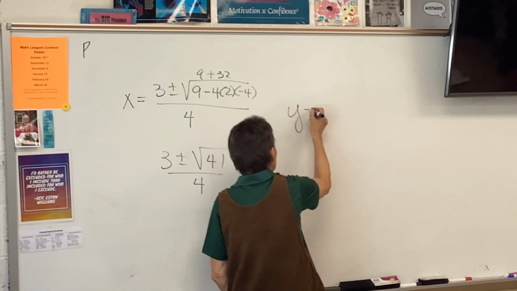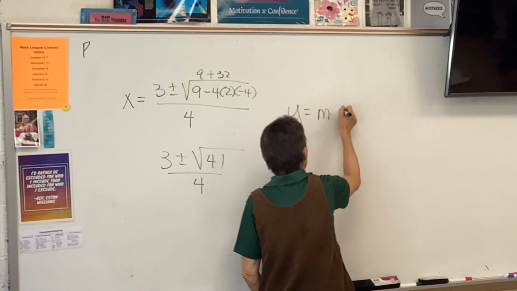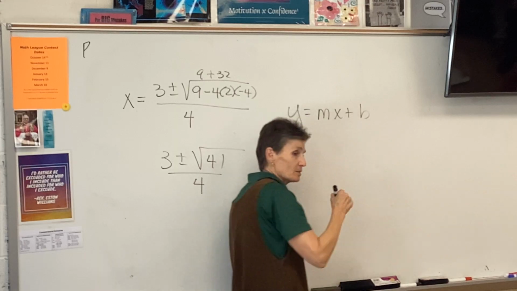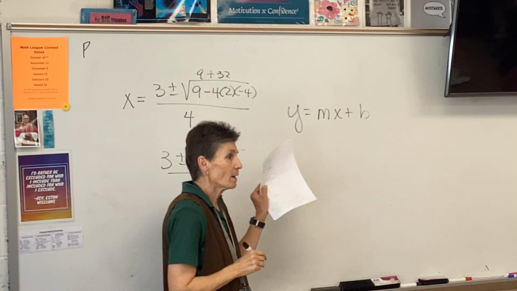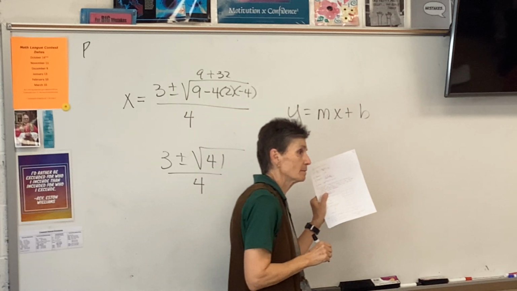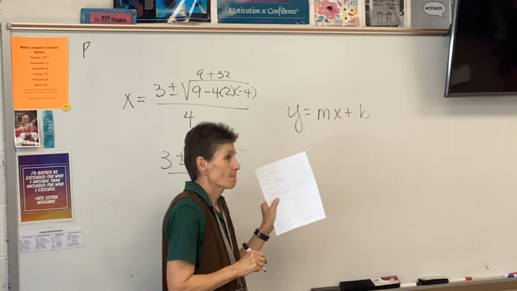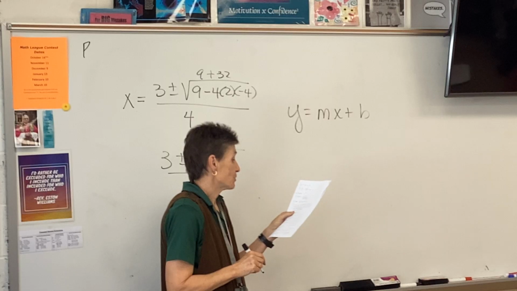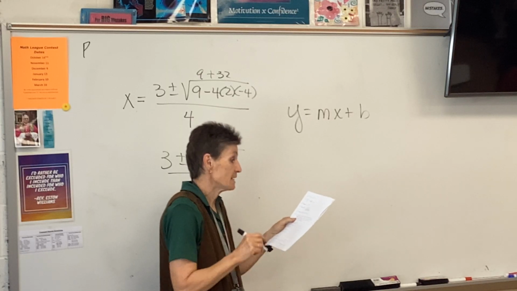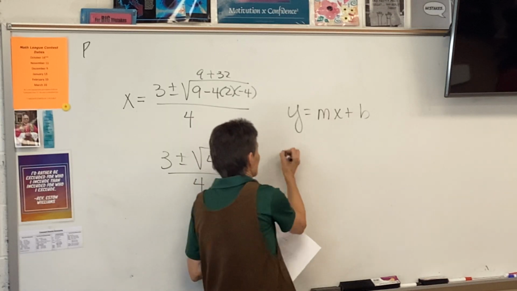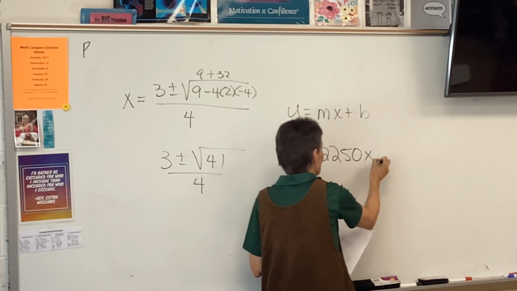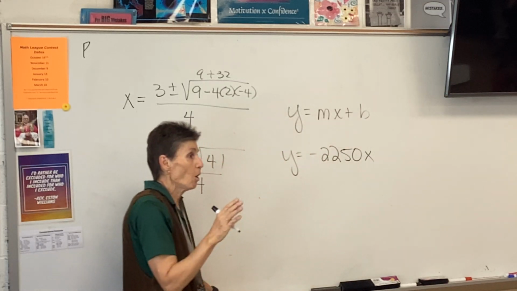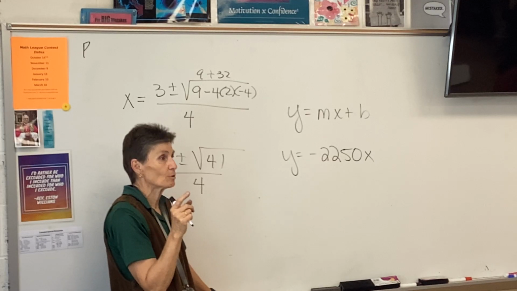What does M stand for? That is how much it changes as it goes along. Do I know M in this problem? 2,250 negative. So negative 2,250. Now those of you that are lost, I'm going to show you another way to do the problem.